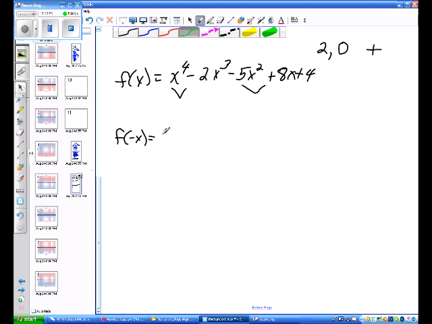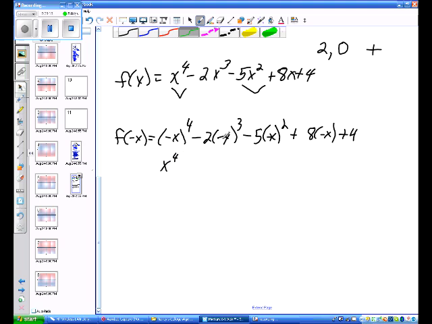If we went through and found f of negative x, after you've done it a while and you see that it's only the signs of the odd powers that change, then you're able to just write that down as you go. But if not, then go ahead and work it out. So this would be x to the 4th.